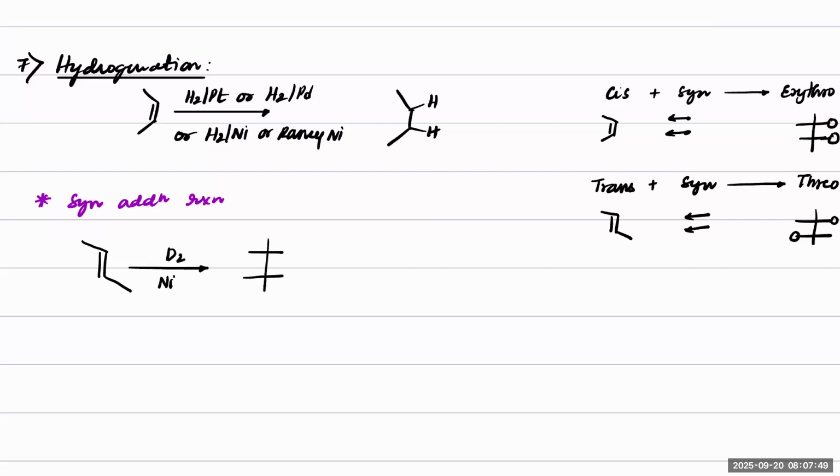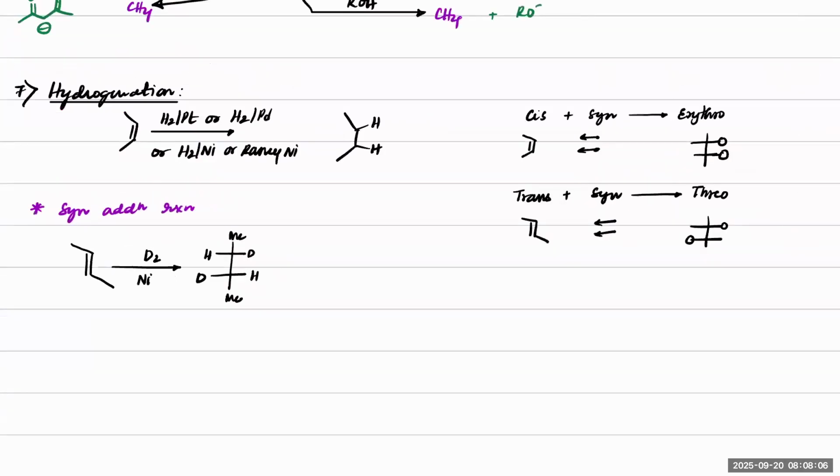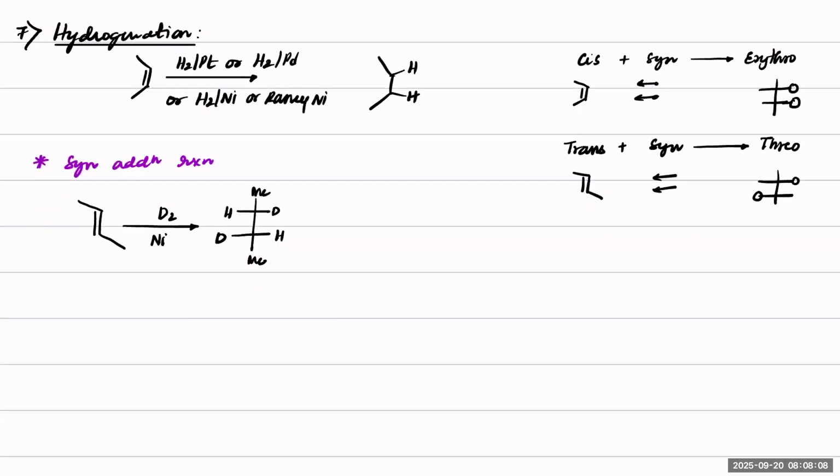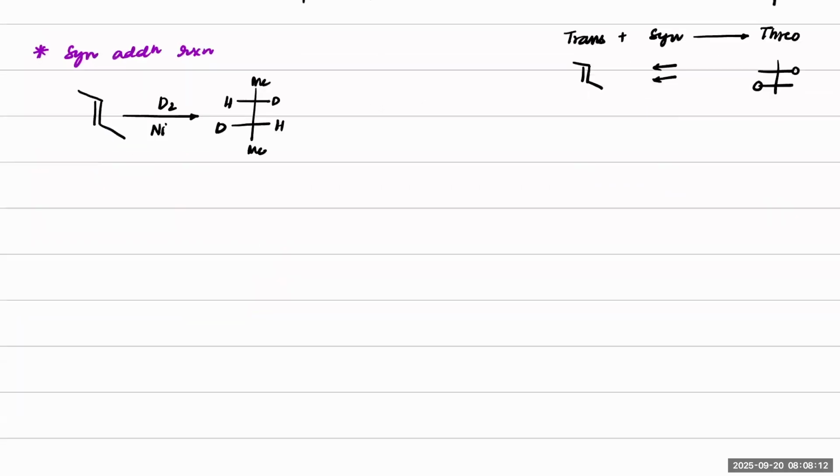You will write methyl here, and hydrogen here, and hydrogen here, deuterium and deuterium here. Why is that so? Because this is a trans, and when you make a syn addition to trans, you will get threo. This is about hydrogenation, which you need to know. Clear? Within the hydrogenation, we have controlled hydrogenation also.